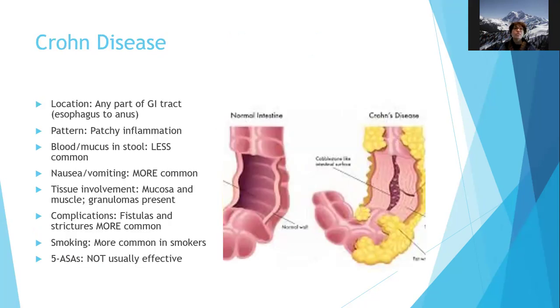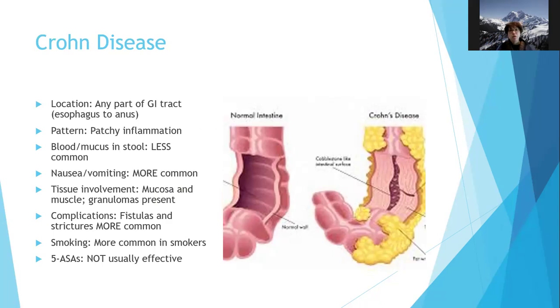So, Crohn's disease can really be any part of the GI tract, even though it is more common in the small intestine. And they're little patches of inflammation. With Crohn's disease, it's less common to see blood or mucus in the stool. It's kind of more common with ulcerative colitis, the ulcerative part being the operative term.